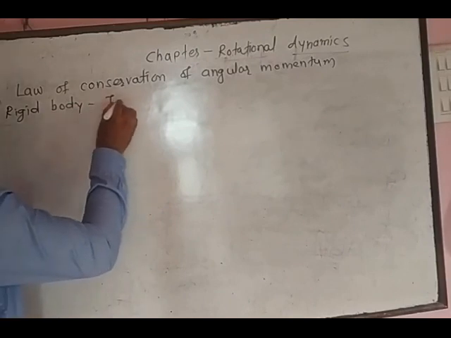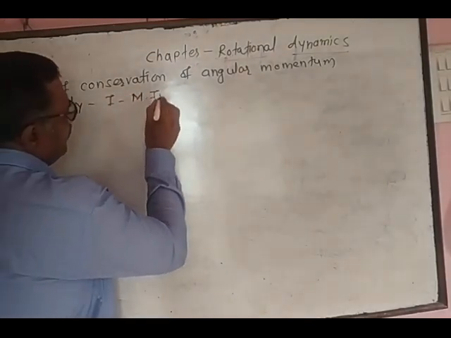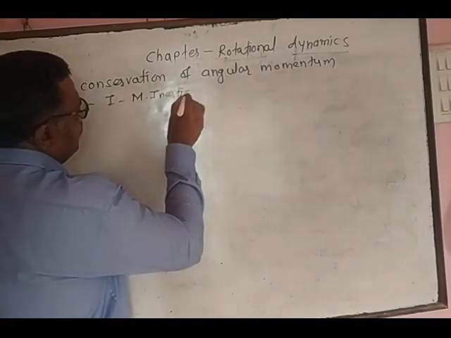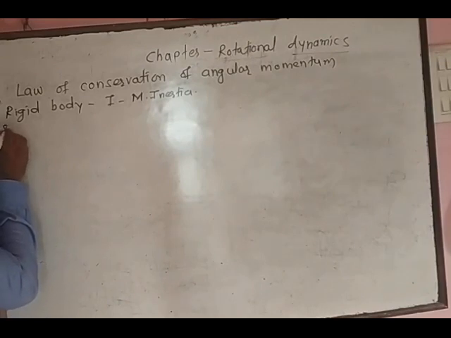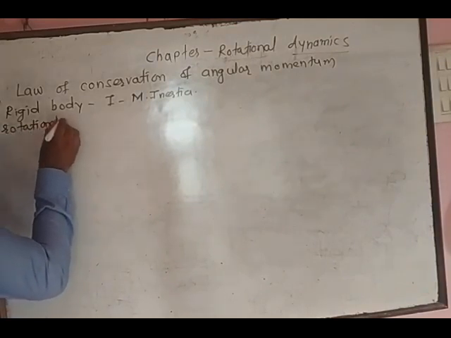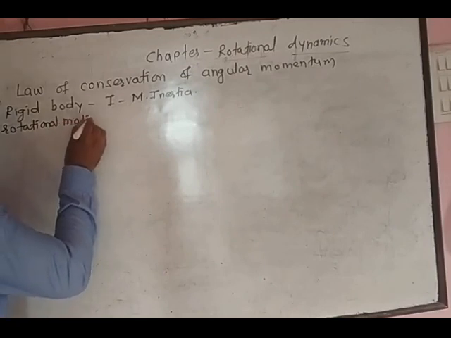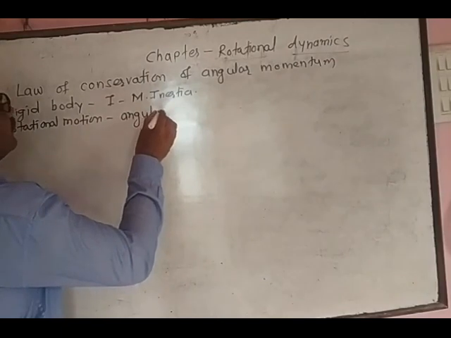Suppose I is the moment of inertia of the body, and the body is performing rotational motion with angular velocity omega.